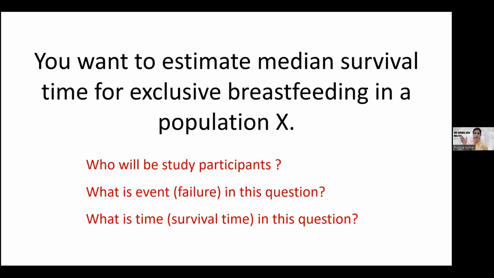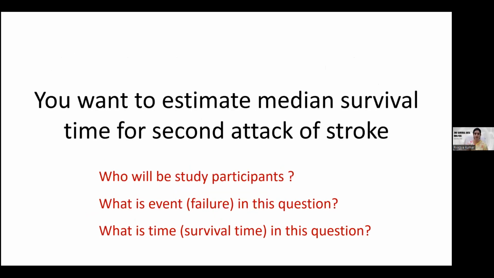So if a female did exclusive breastfeeding up till 5 months, my time to event, this survival time, will be 5 months, because after 5 months she started the baby on some other feeding formula. So that will be the answer.